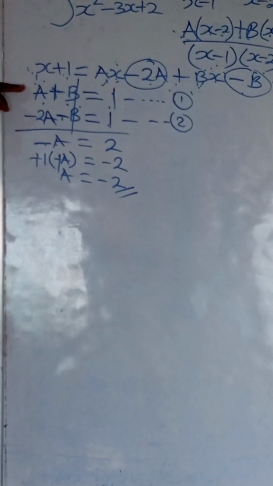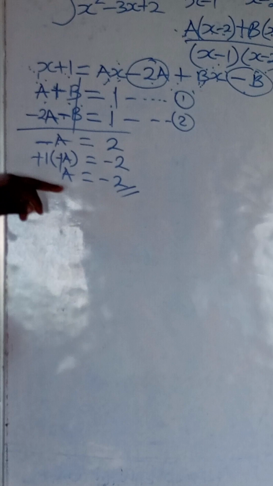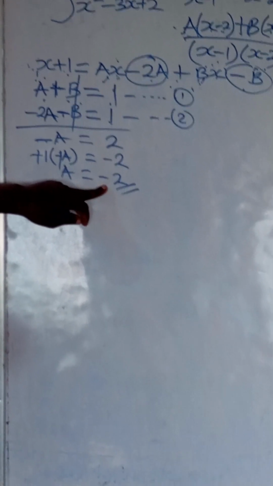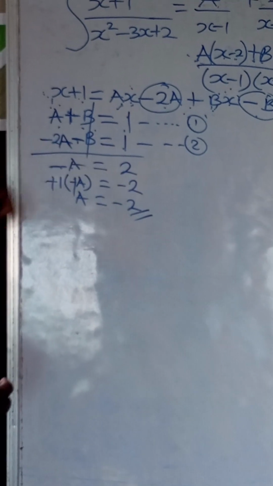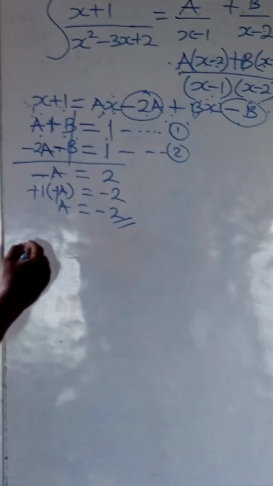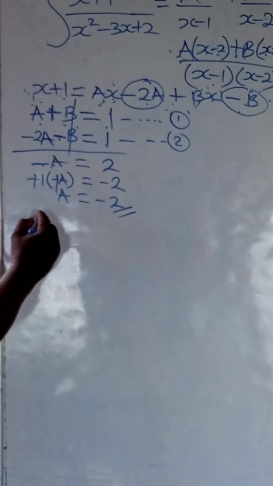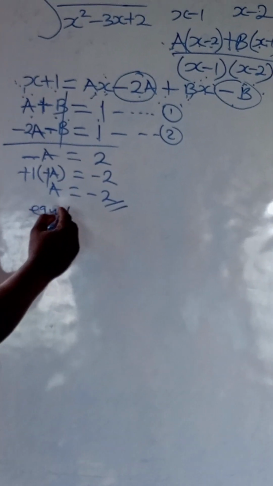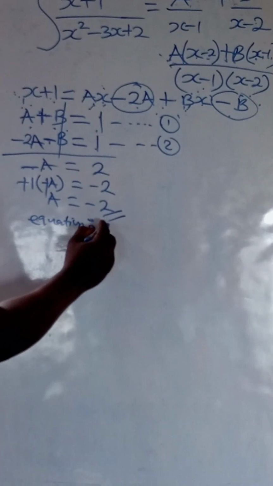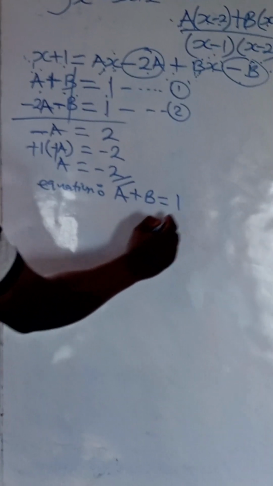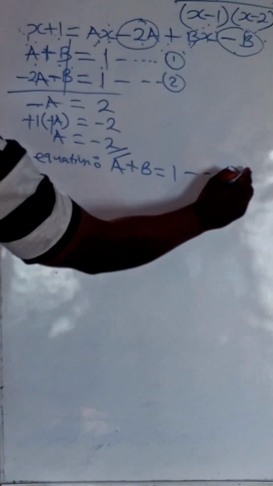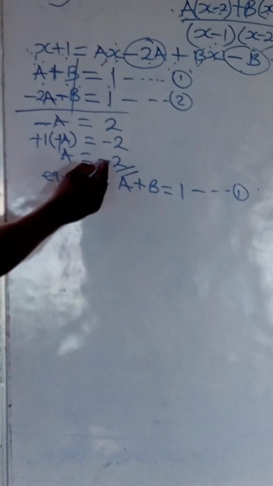Now I want to get B. How will I get B? I can substitute A equals to minus 2 in either equation 1 or 2. Let me use equation 1 here. Equation 1 is A plus B equals to 1. Now A is minus 2.